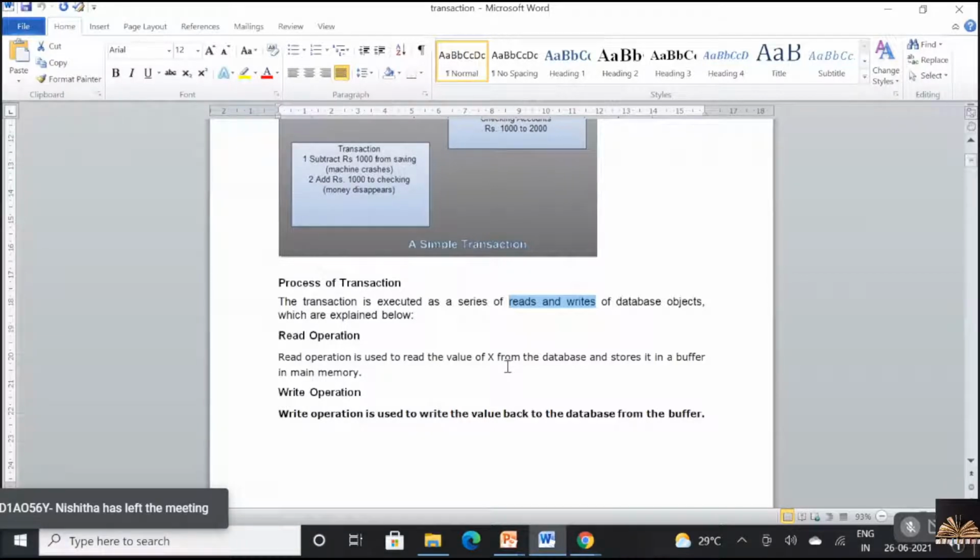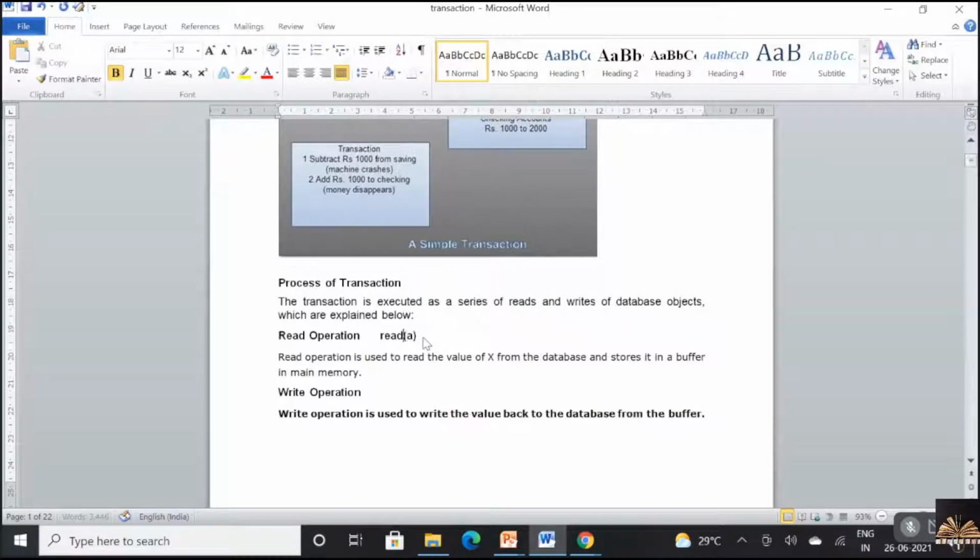I'm just interested in reading the value of a database object X whenever I'm performing a read operation. So I'm working with READ, read of A. A is the database object existing in the database whose value I want to read. This way I'm performing a read operation.